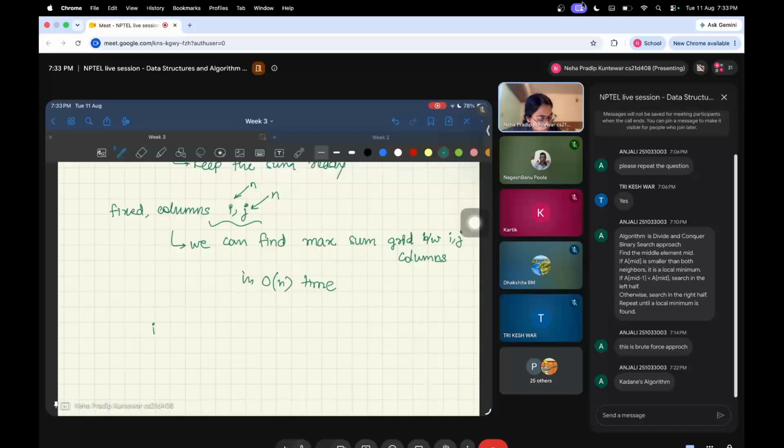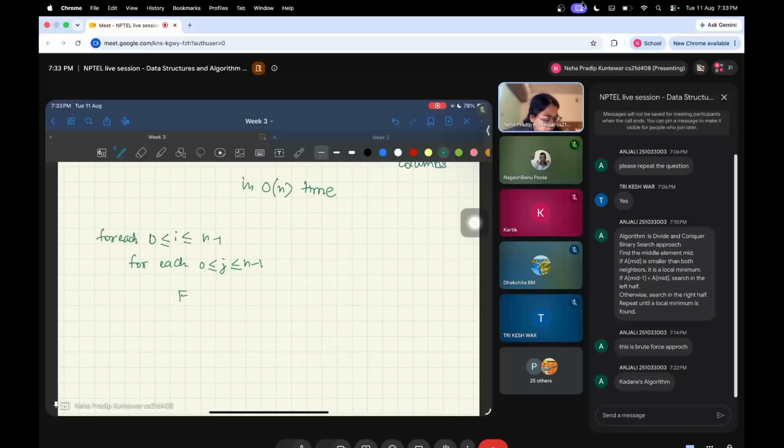So go through, for each i in 0 to n minus 1, for each j in 0 to n minus 1, find the maximum sum grid between columns i and j, and let us say that g prime is the maximum that you get.